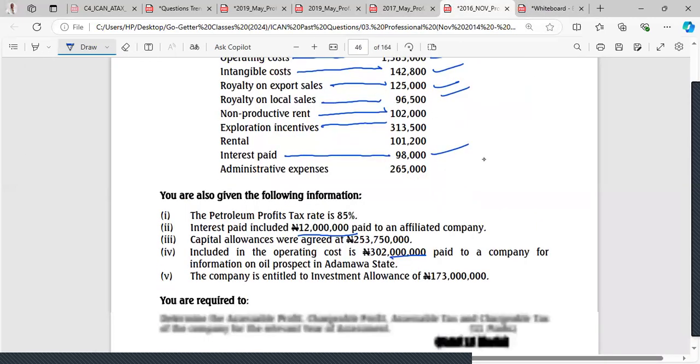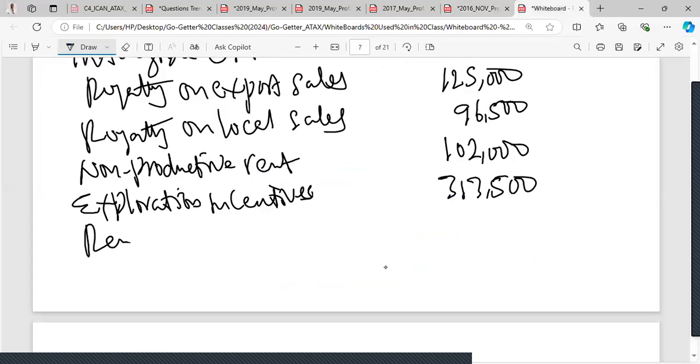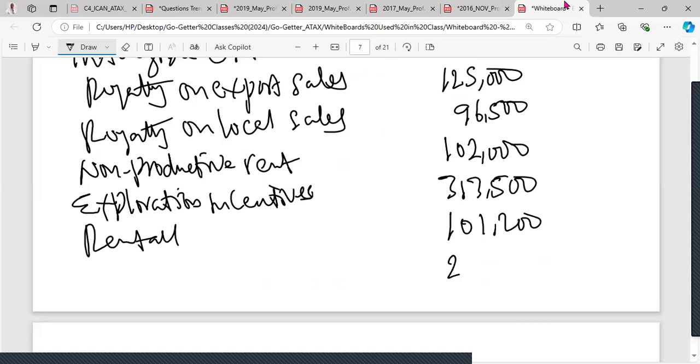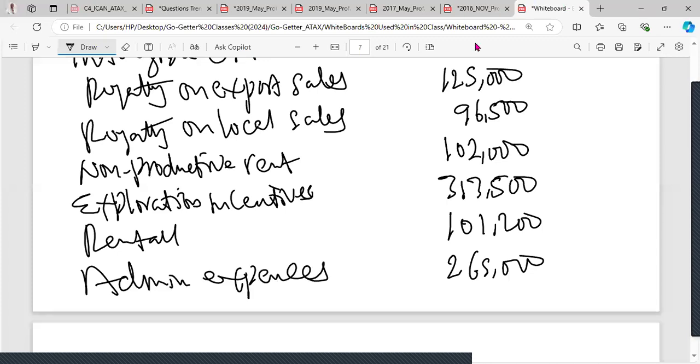Then we have our rental, 101,200. Administrative expenses, 265,000. Now let's check.